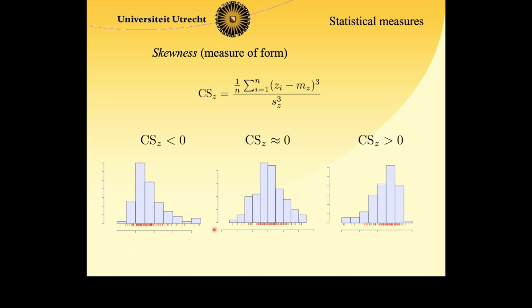So this is the skewness coefficient, and it is calculated by taking the value, subtracting the mean, raising it to the power of 3, and then taking the sum of that and dividing by the number of data you have, and then you normalize it by the standard deviation to the power of 3. If this is 0, it is more or less symmetrical. If it's negatively skewed, then it has a thicker tail on the right, and here it has a thicker tail on the left.